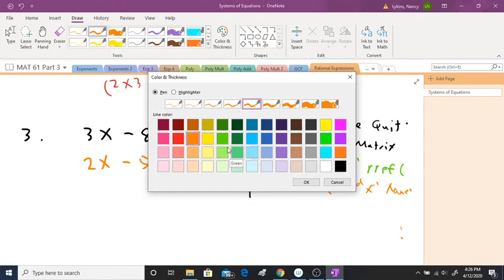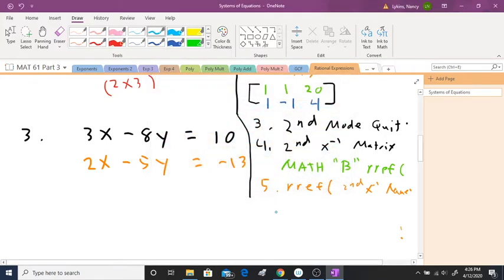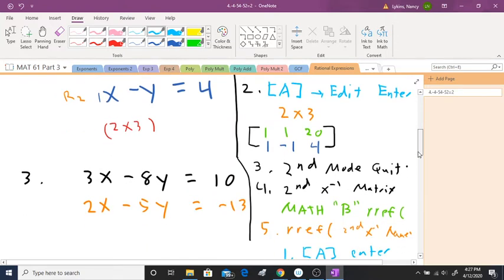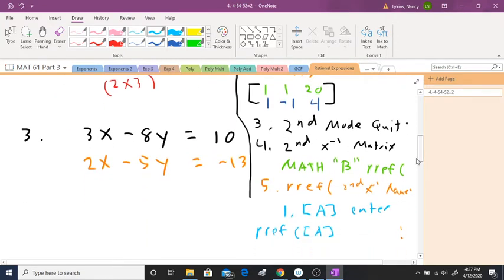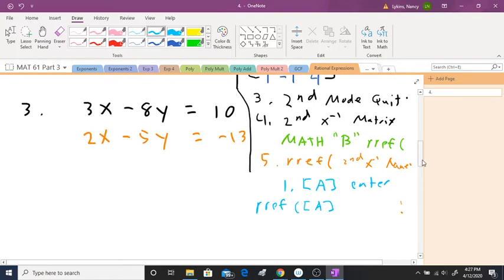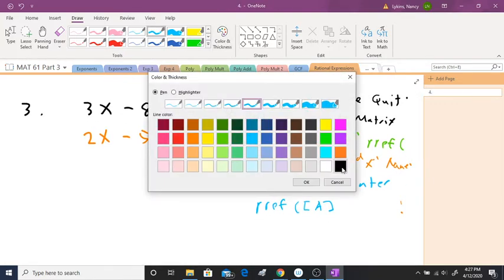So on your calculator, you should get to this right here and hit enter. What happens is you should have an RREF with the matrix A. You hit enter. I'm giving you a little bit of time.